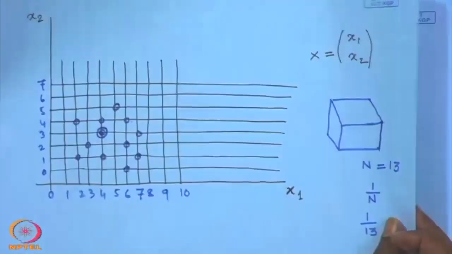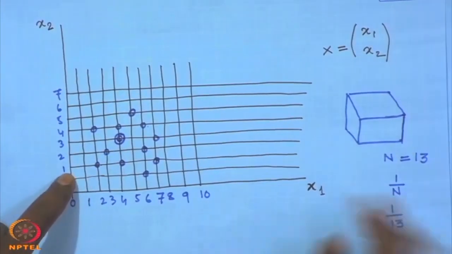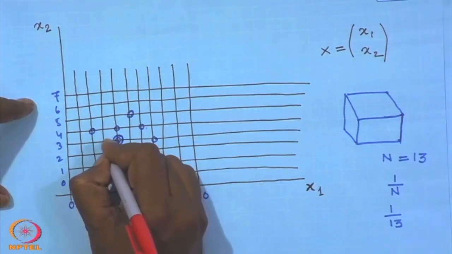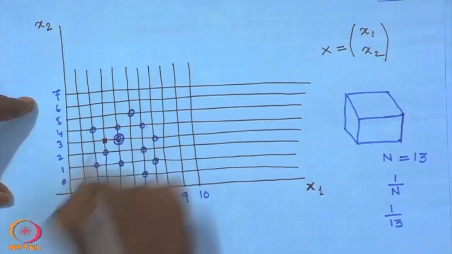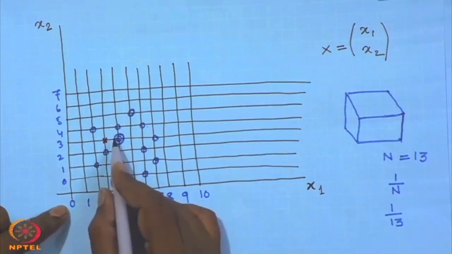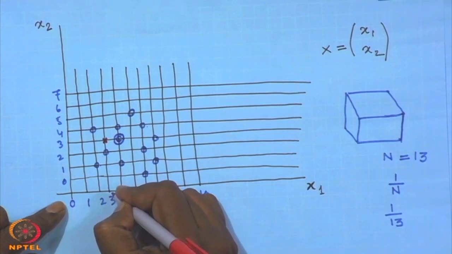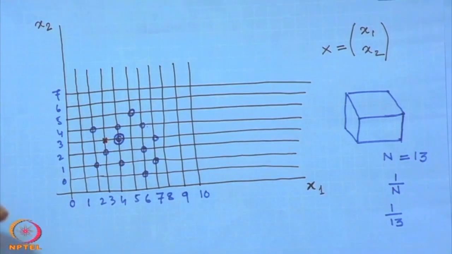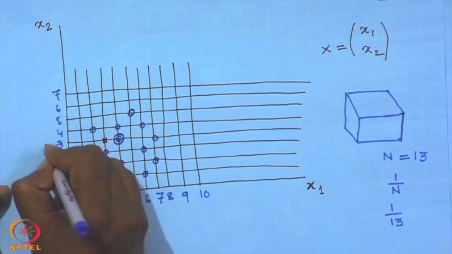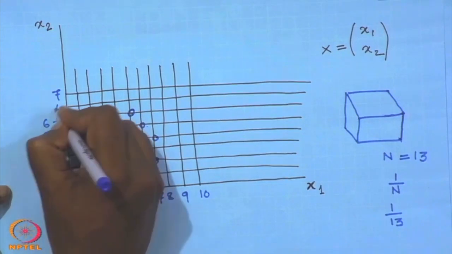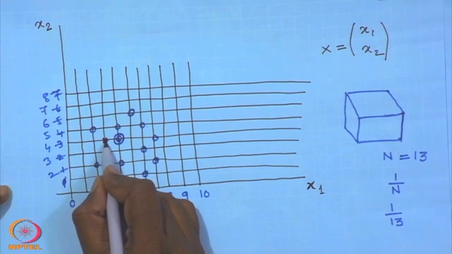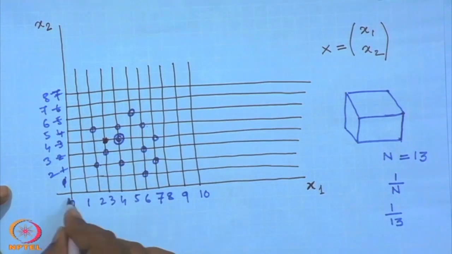Now, suppose I have to estimate the probability density at, let us assume, this location. Here I did not have any sample. What is the probability density at this location? Here I have made something wrong. This has to be 1, this has to be 2, 3, 4, 5, 6, 7 and 8. So, this location is the feature vector which is 3, 4.